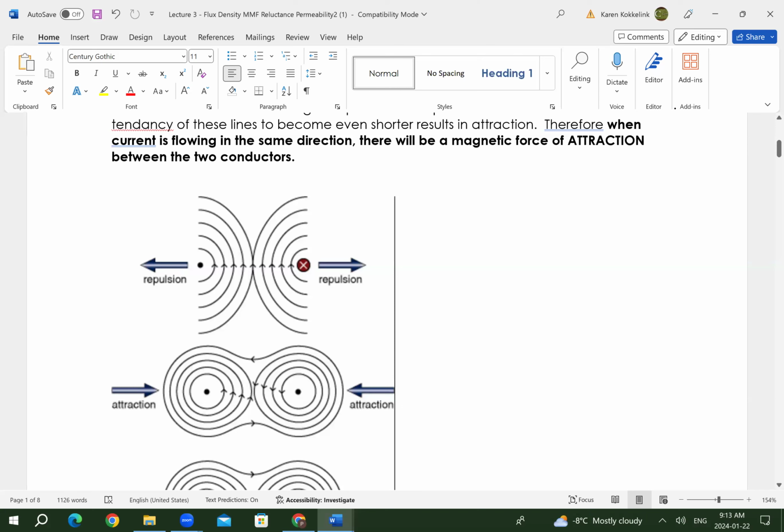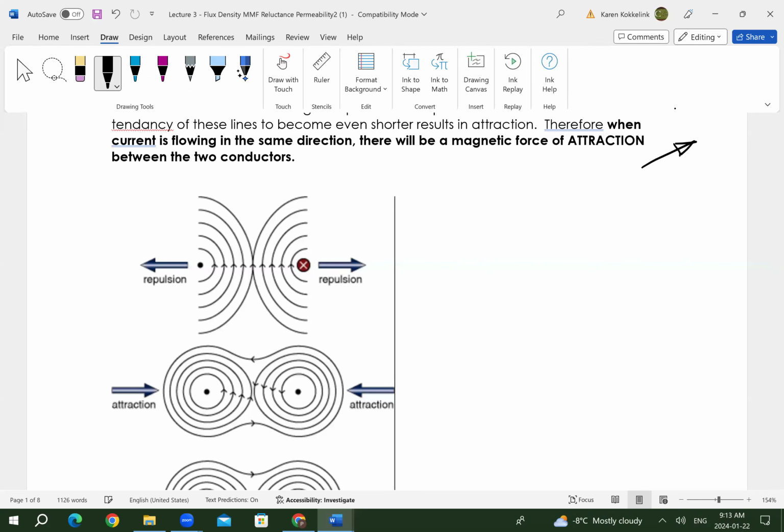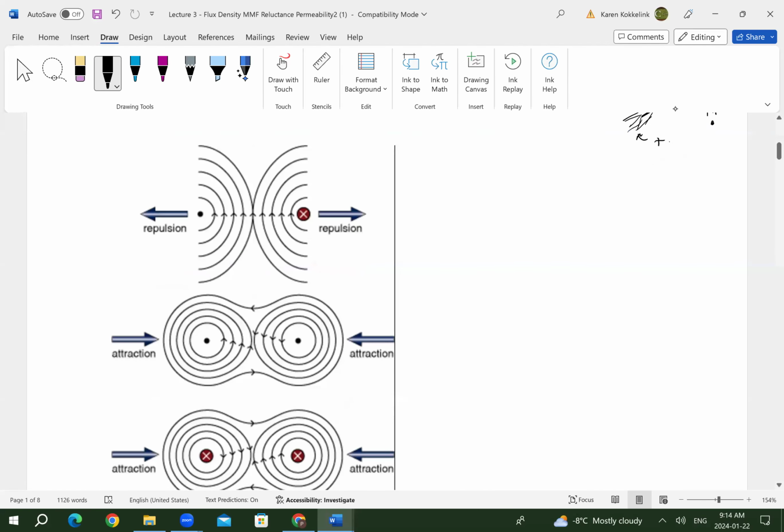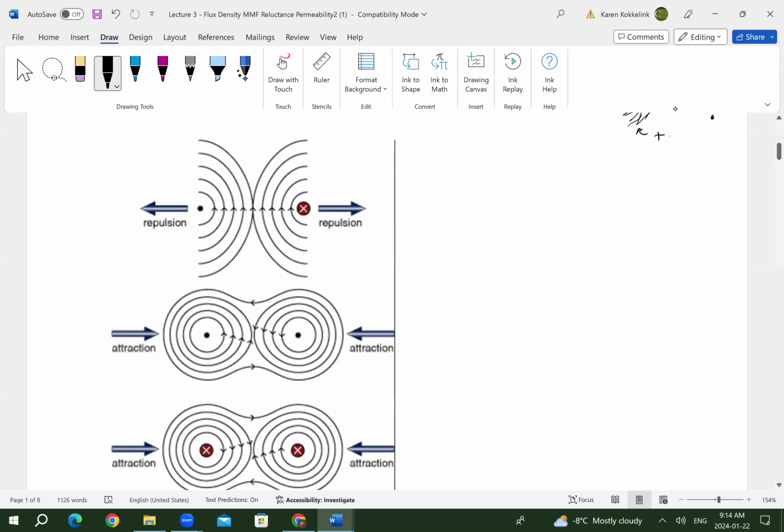So these are basically two wires, and we have to just remember what this symbol looks like. We think about an arrow, like when we're playing darts or shooting bows and arrows, and they have a feather at the end that makes a bit of a cross. At the tip we have just a dot if it's coming through, and at the end we have a cross. I'm just using that as a way to visually remember what's going on here.